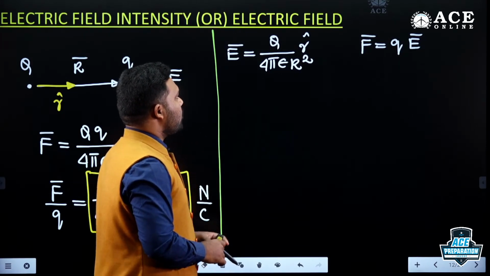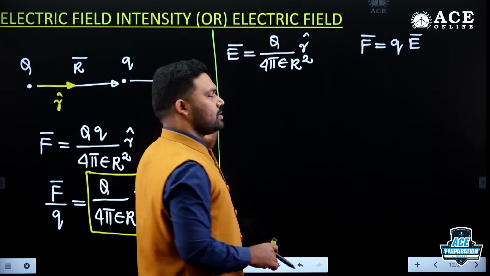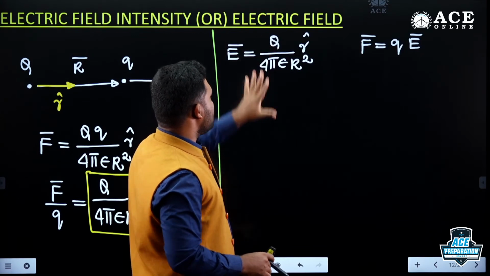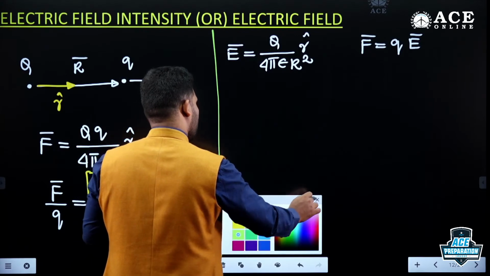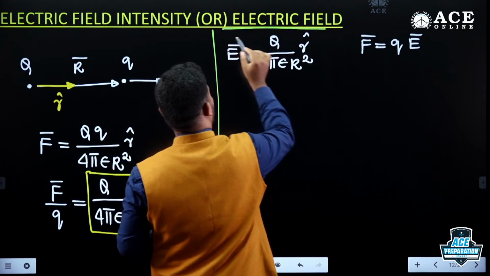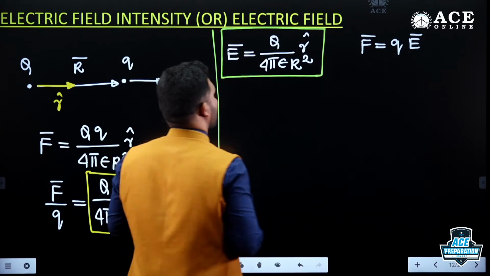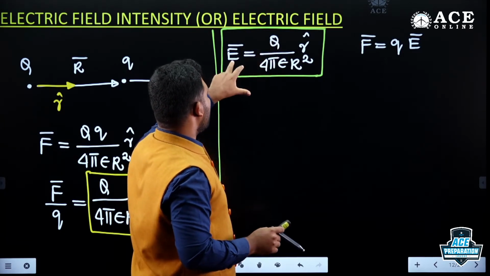Now let us focus on this one. Just forget about all that story. Let us try to interpret this equation. If you have a charge, what is there around it? Electric field is there.